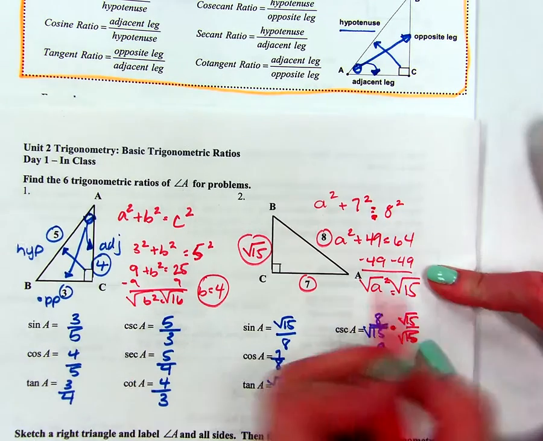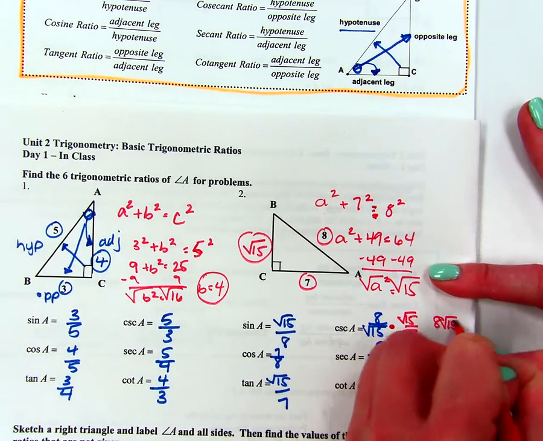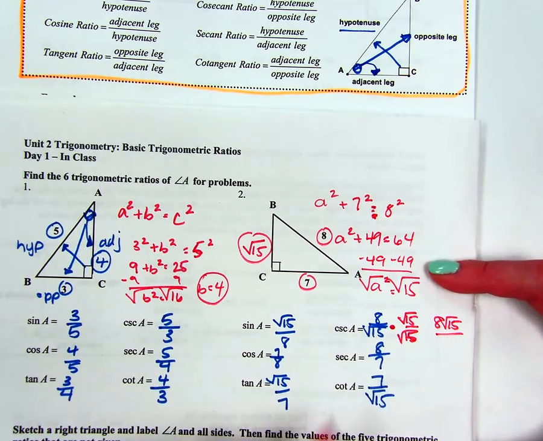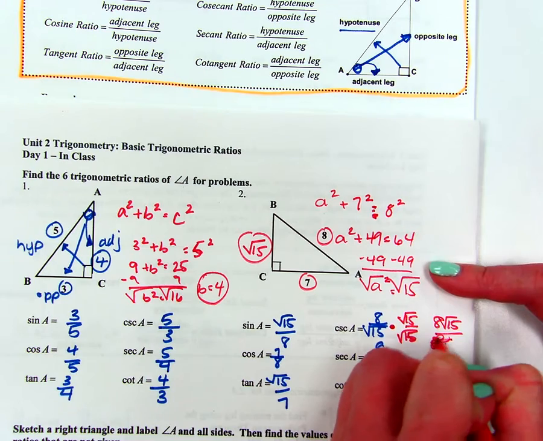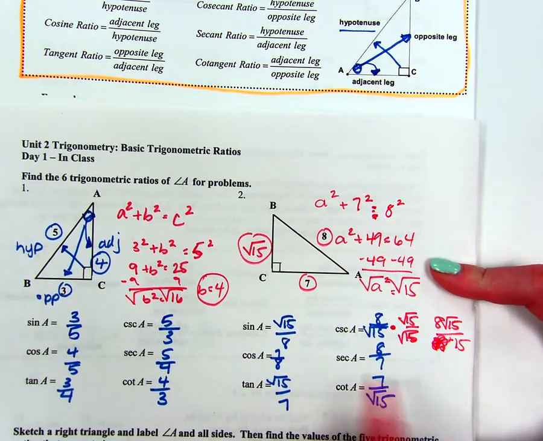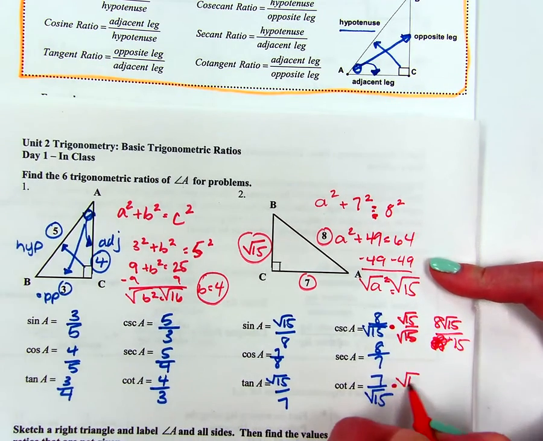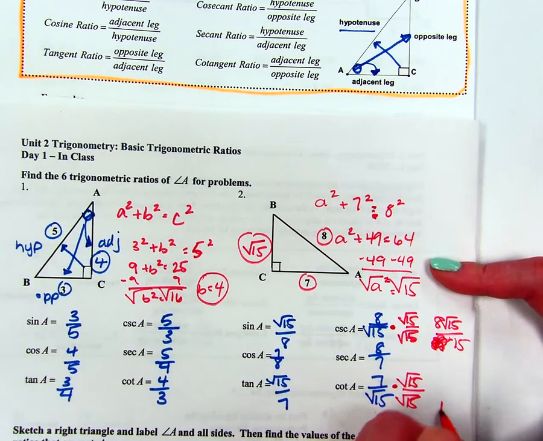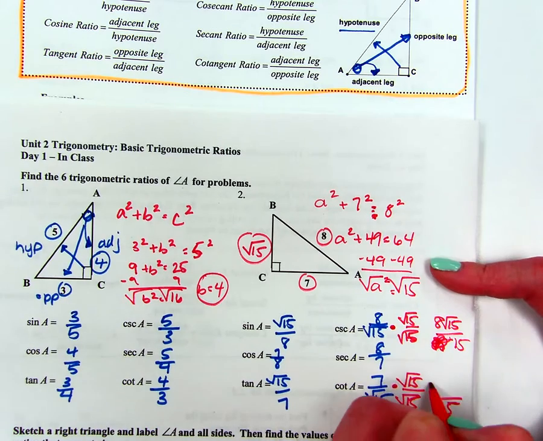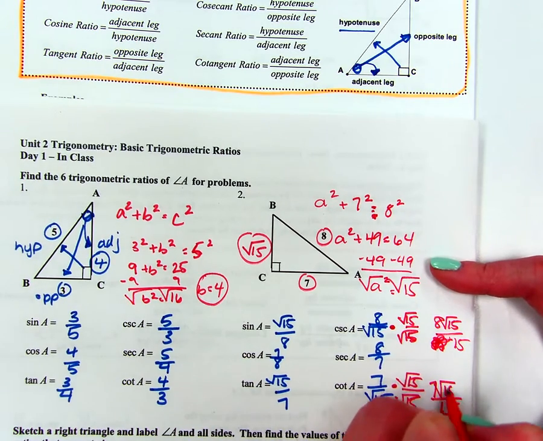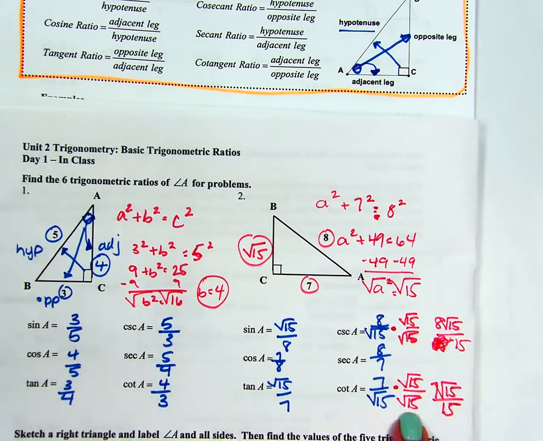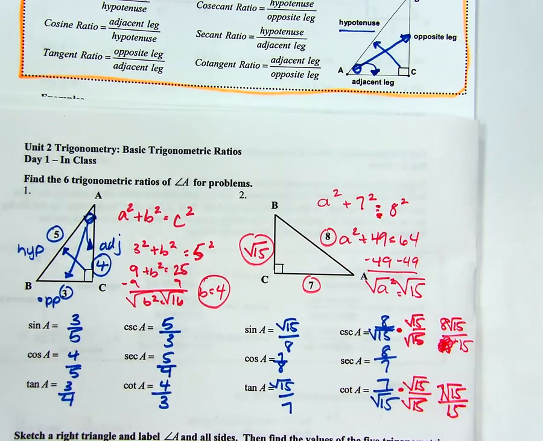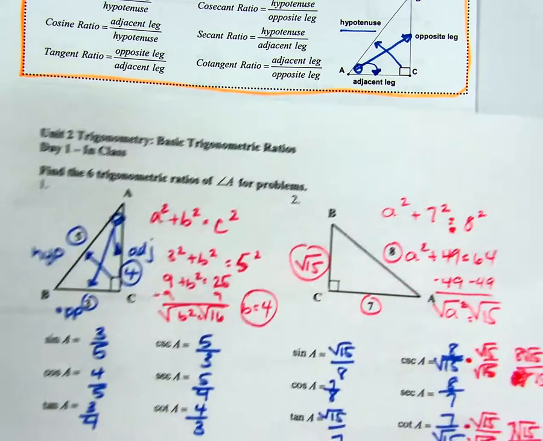So now what that does is it gives us 8 root 15, and then radical 15 times radical 15 is just 15. So same thing down here, we're going to multiply that by radical 15 over radical 15, and these two become just 15, and then in our numerator we have 7 root 15. So that would be our final answer for those. So anytime you see a radical in the bottom, you have to go ahead and multiply by itself to eliminate that in the top and the bottom.